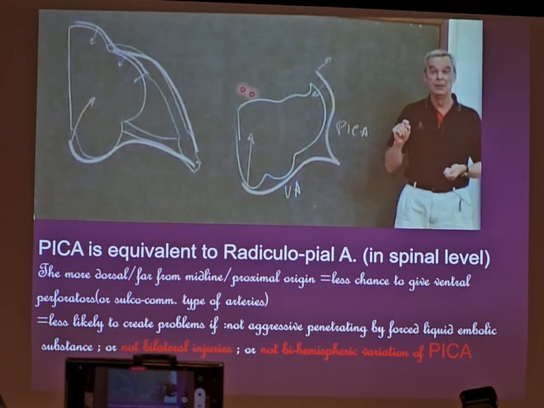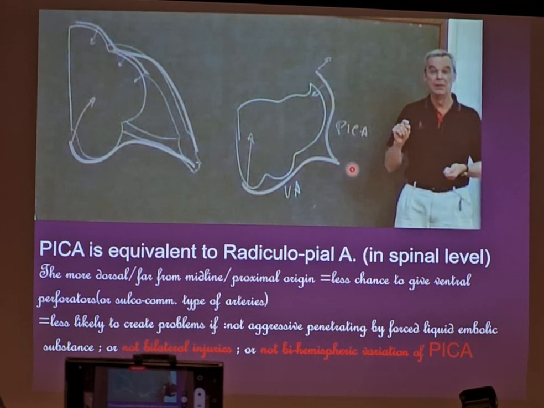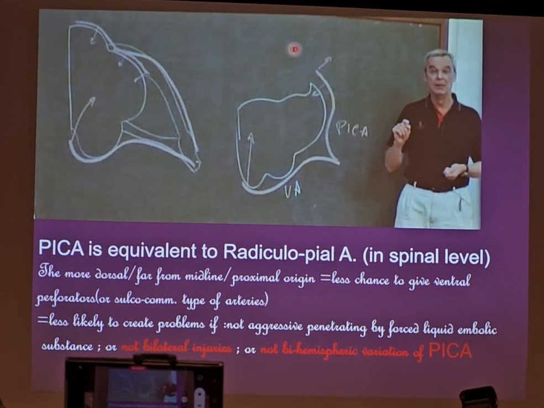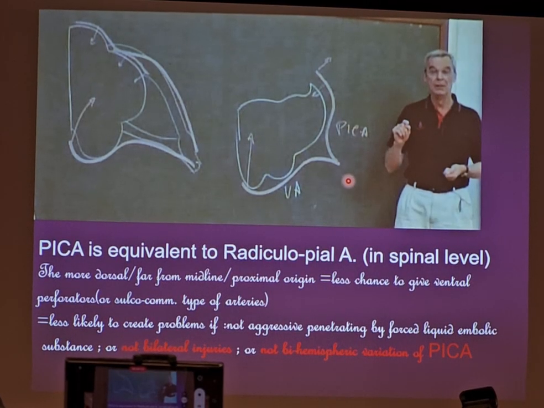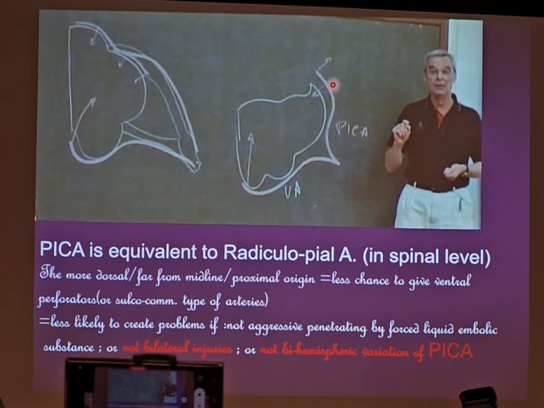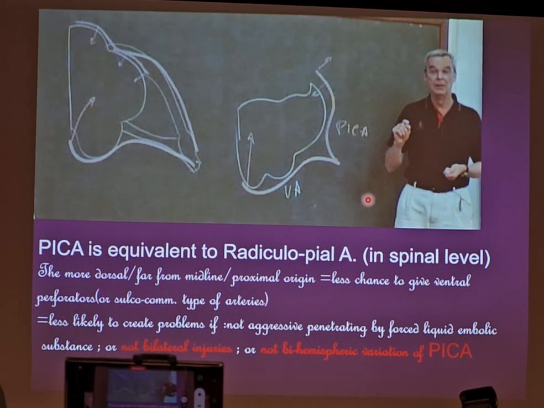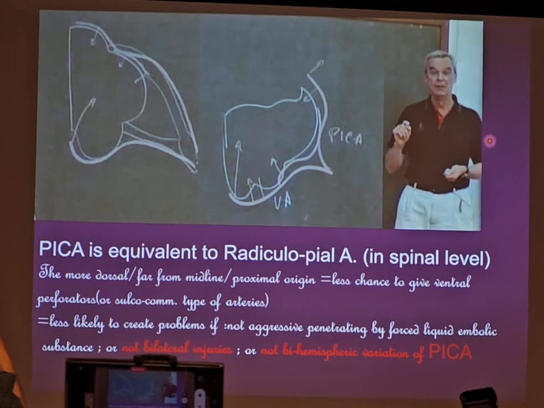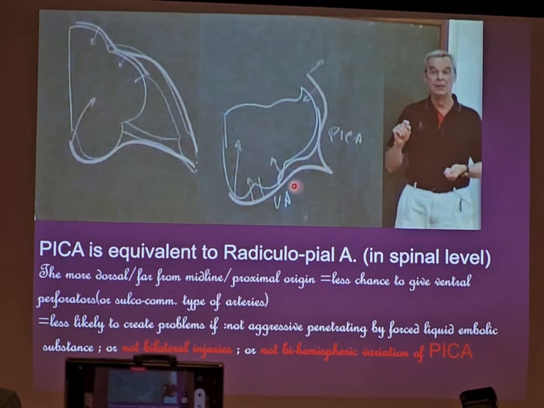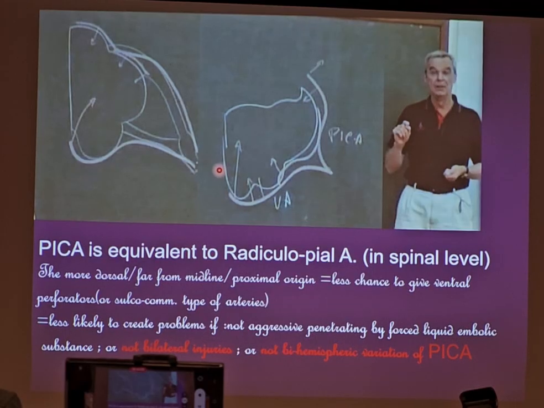And this is equivalent between the spinal and cranial vertebral junction: the vertebral artery is the ventral system, and the PICA gives rise to this circumferential one. If the origin of PICA is more lateral, the function would be more for the dorsal perforators. But if the PICA comes off here, more medial, close, it has the possibility of supplying the ventral perforators. Okay, so that is the rule.